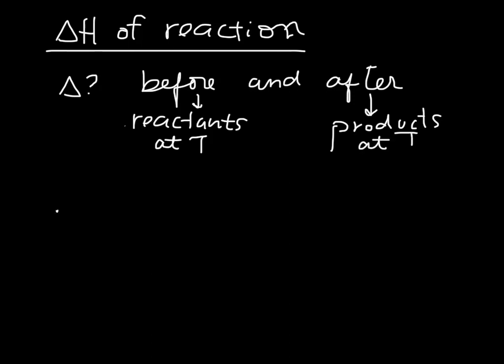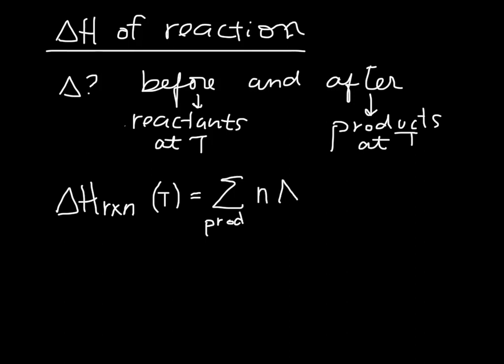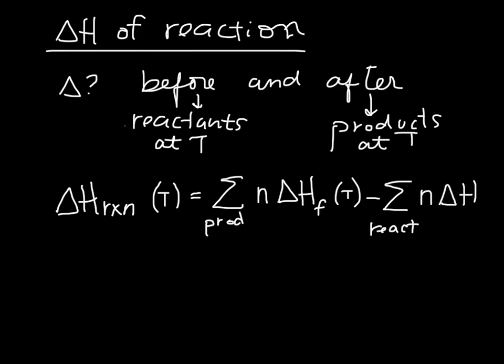So if we want to calculate delta H of the reaction at some given temperature, let me put this in here. So this is not multiplying T. This is just indicating that we're doing this at some temperature. We sum over all of the products, N times the delta H of formation at that particular temperature, and we subtract off the sum over all of the reactants, N times delta HF at that particular temperature.